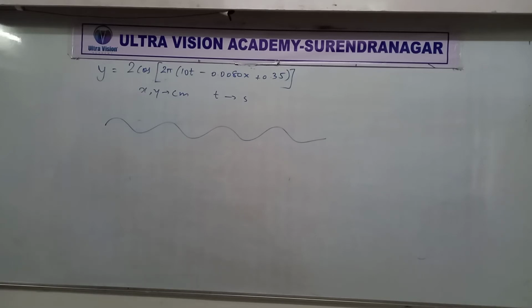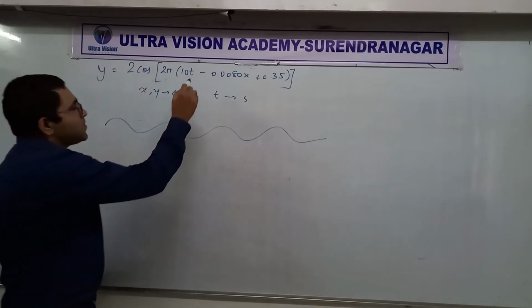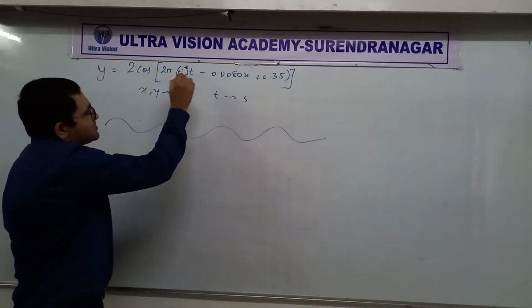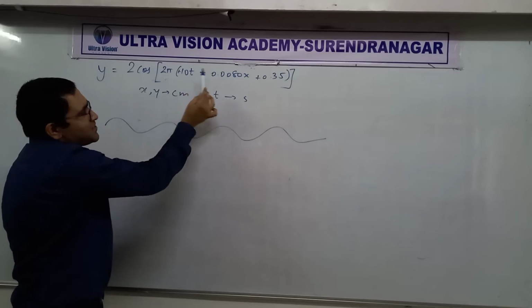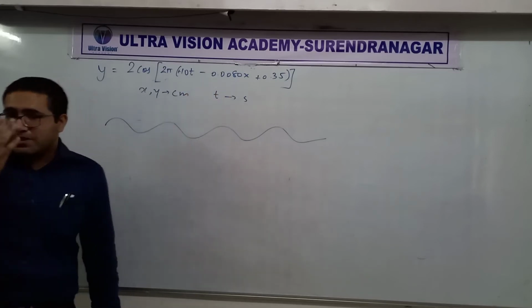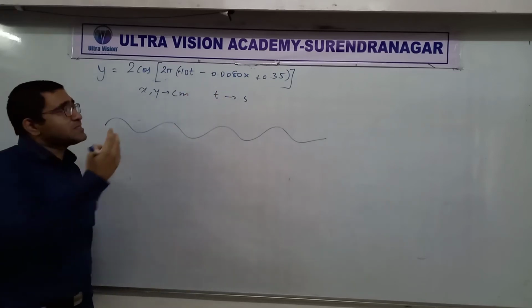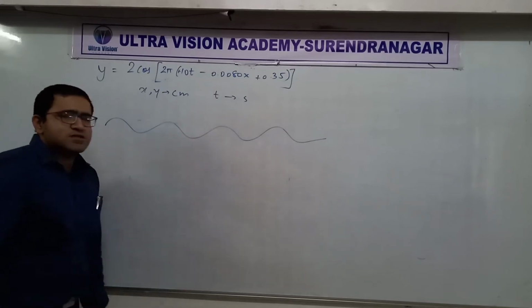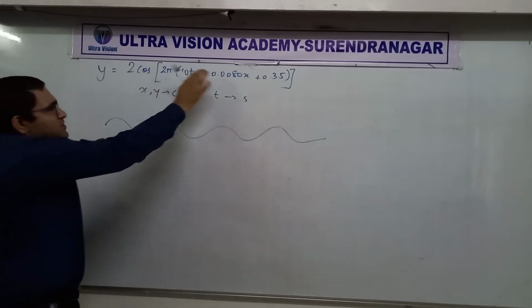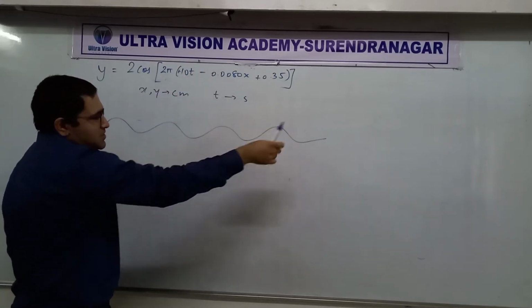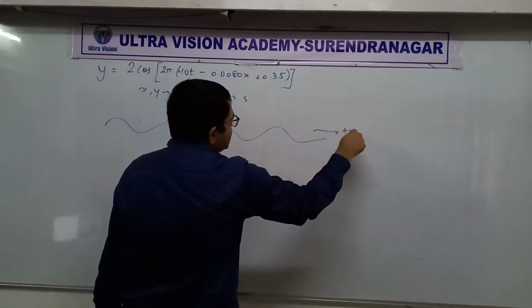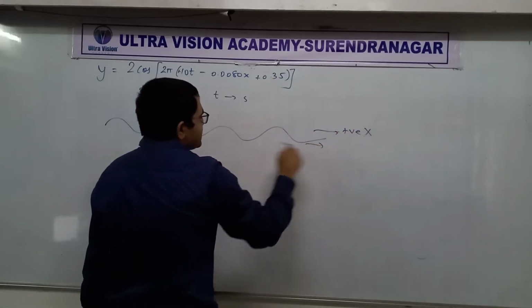Positive, right? How do we know? This term is positive, but this term is negative. The t term and the x term have opposite signs. That's why this is traveling towards the positive x-axis. This wave is traveling towards the right side.